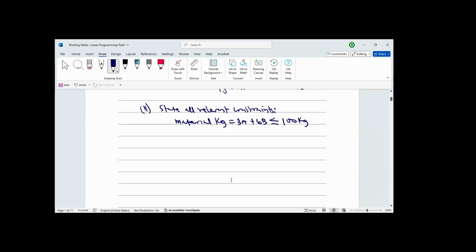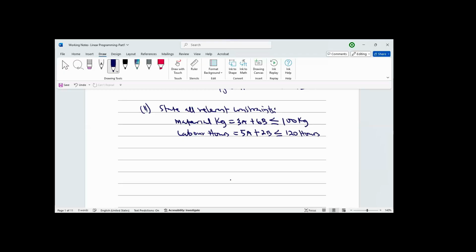Then let's say, for example, we also have labor hours. We are told that labor hours are limited to 120. Let's say we have 5 hours of product A plus 2 hours of product B less than or equal to the maximum labor hours available, which is 120 hours.